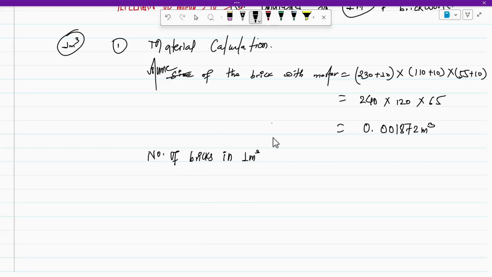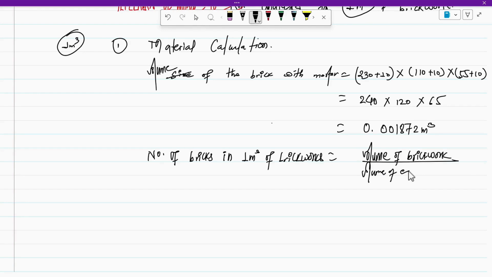Now I need to calculate the number of bricks in 1 meter cube of brickwork. So how many bricks will I need? This is equal to the volume of brickwork divided by the volume of each brick.